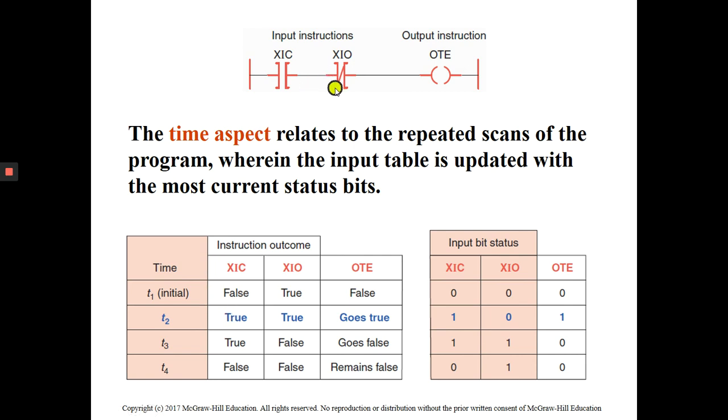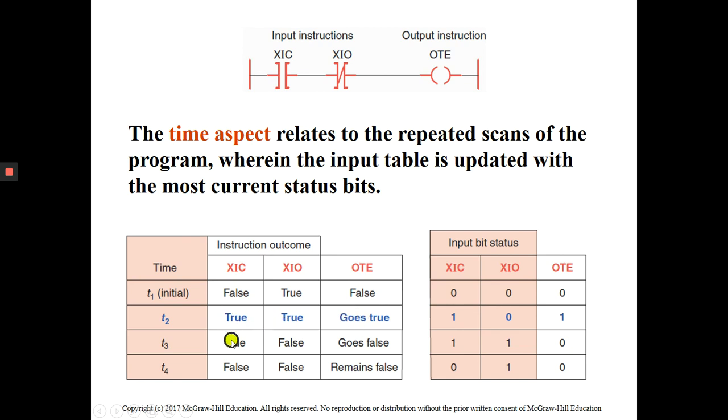But this one has not yet checked the status of the input, so examine if open is still open, so it will also give you true. Because of the time delay between the two instructions, both examine if closed and examine if open are true, so your output in this case will go true.